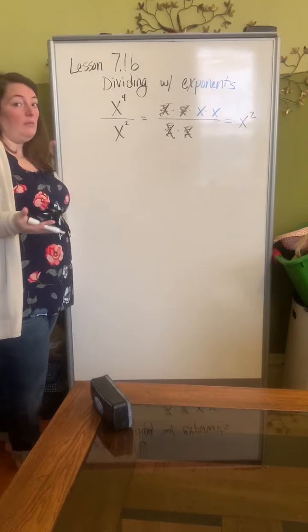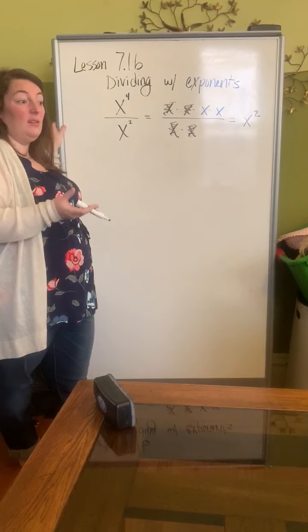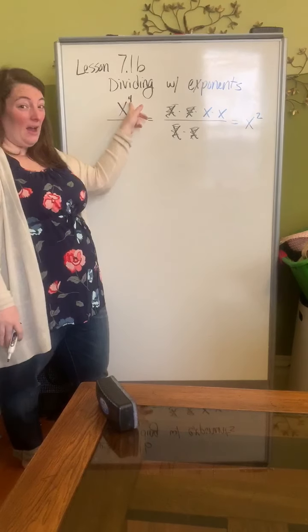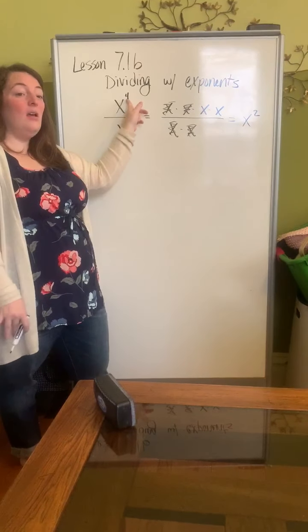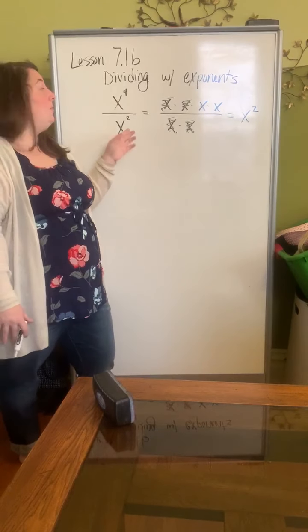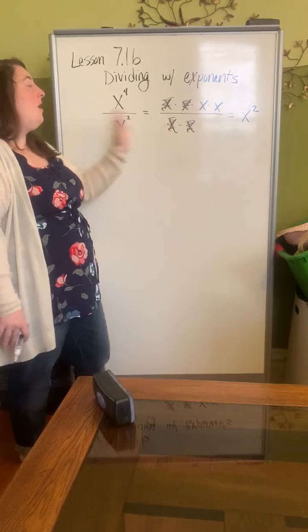Now, you can do that with each problem, but the difficulty comes in when, what if this were x to the 14th? Do you want to write out 14 x's? Probably not, I don't. So there is a shortcut to get the division answer without writing everything out.